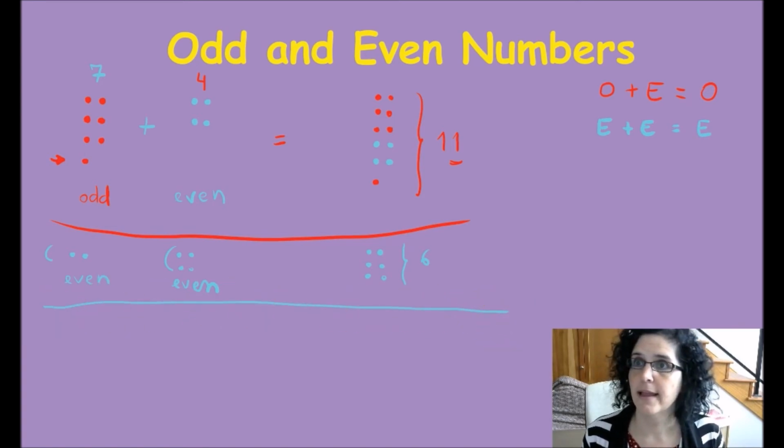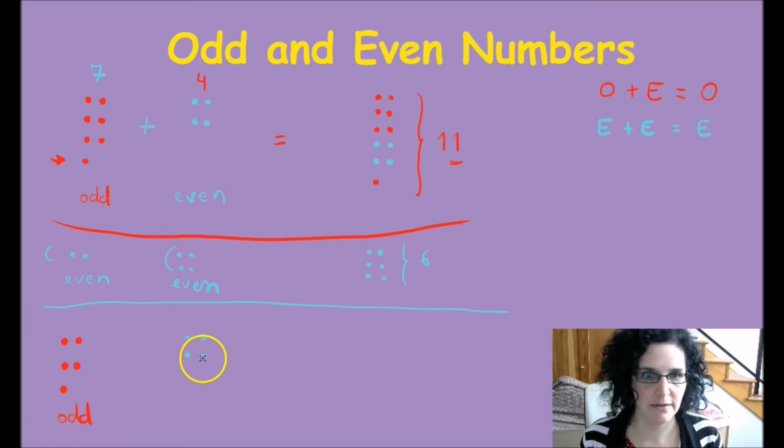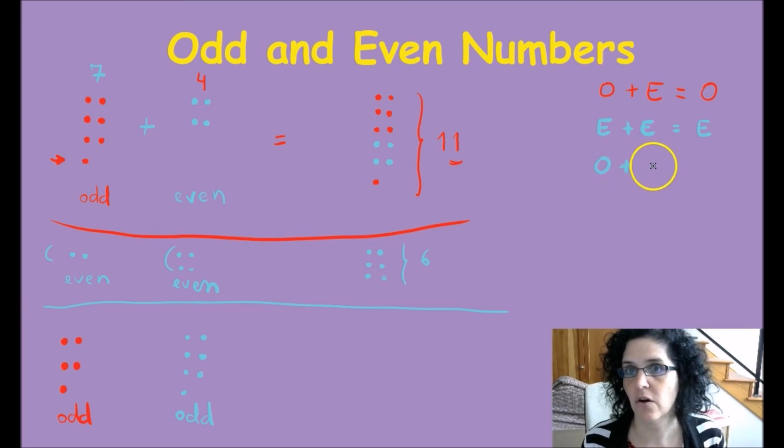Okay? And finally, let's take a look at what happens if I have an odd number. For instance, I have a 5, odd. So I have another odd number here, okay? So 7. Odd and odd, okay? So what do you think happens if it's an odd plus an odd?